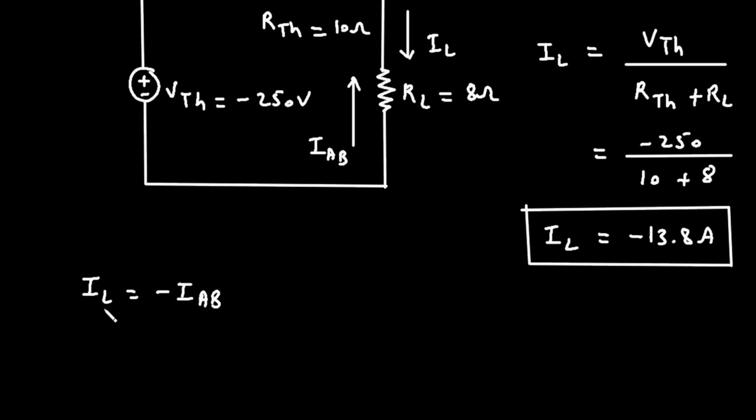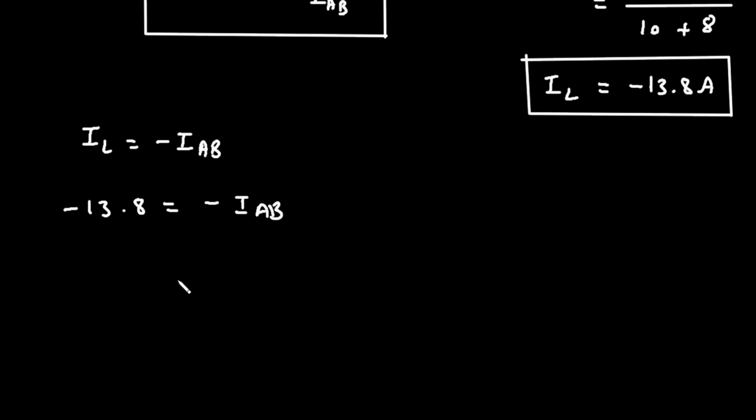And the value of IL is minus 13.8 is equal to minus IAB. So therefore IAB is equal to minus 13.8 ampere, not minus 13.8. This minus and this minus will get cancelled. So only 13.8 ampere.